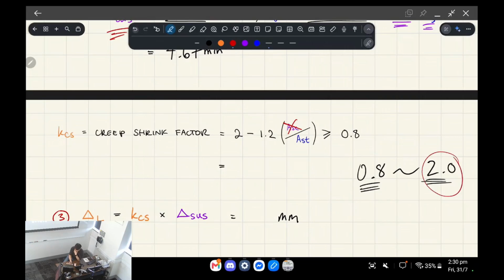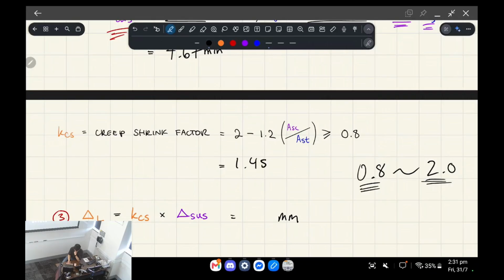Whereas if you have the same amount of compressive steel as tensile steel, your KCS factor is going to be 0.8. So the lower number is better because this is an amplification factor for your long-term deflection, right?